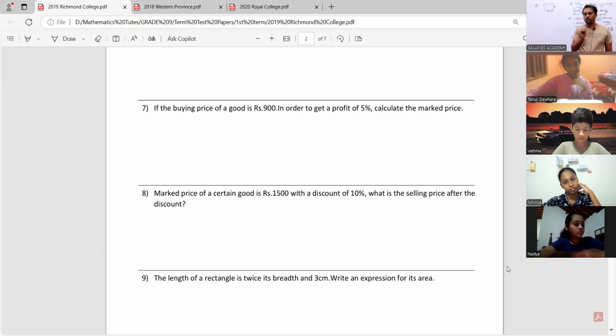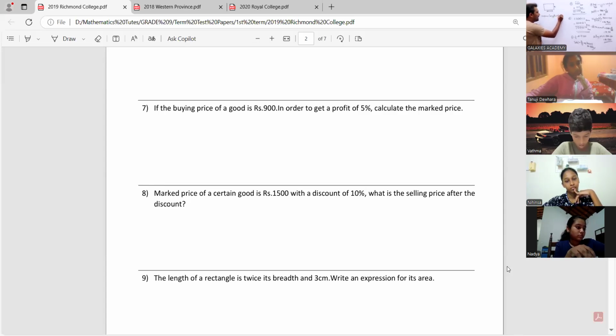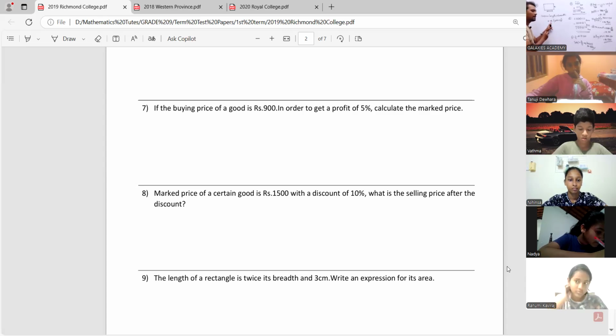Then you have to write an expression for its area. How can you find the area of a rectangle? In grade 7 and grade 8 class, you studied this. Area is length into breadth, length multiplied by breadth. So with breadth x and length 2x plus 3, I can write x multiplied by (2x plus 3).